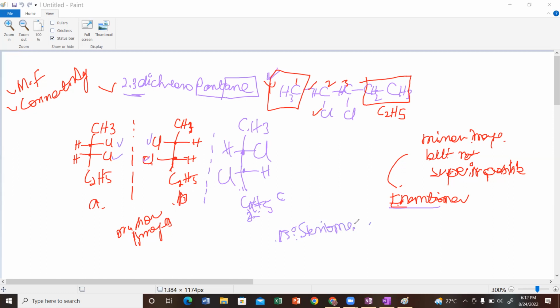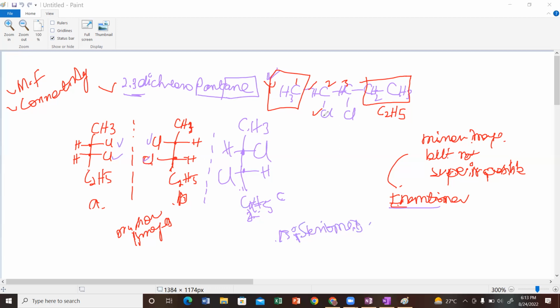Okay, these are diastereomers. So if I look at the example of A and C, A and C also have the same molecular formula, same connectivity, but they are neither mirror images nor superimposable. So A and C are also what? Diastereomers.